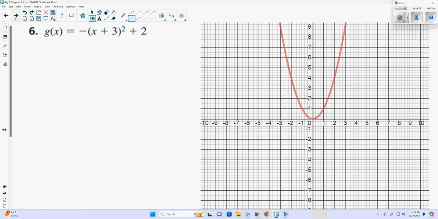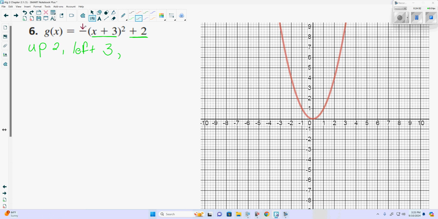So the next one, this +2 outside the parentheses would be up 2. The +3 inside the parentheses would be our left or right. Since it is +3, it would be left 3.